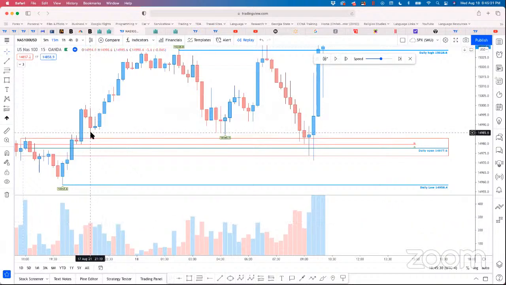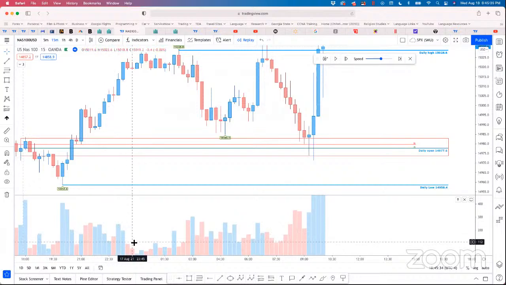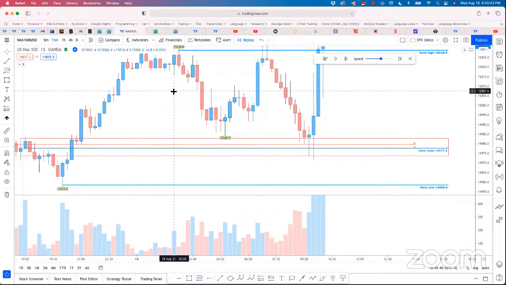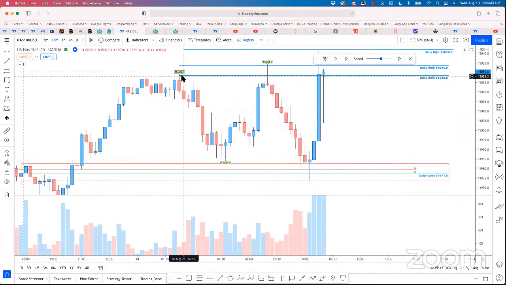Once we got to this point, volume started to dwindle away, right? Until we got to the London high, right here. That's the next time we get some spikes, around this high, right? London opens up.